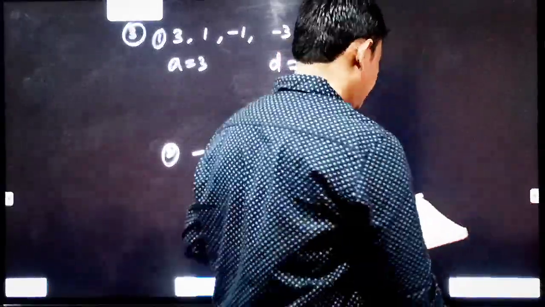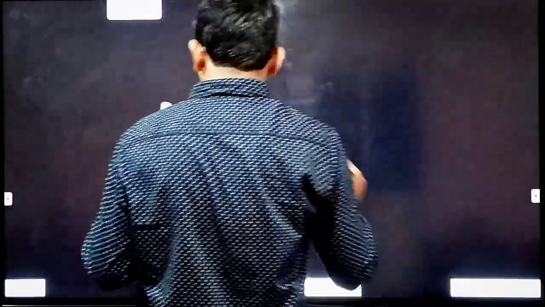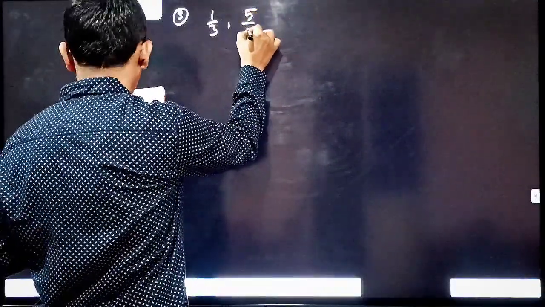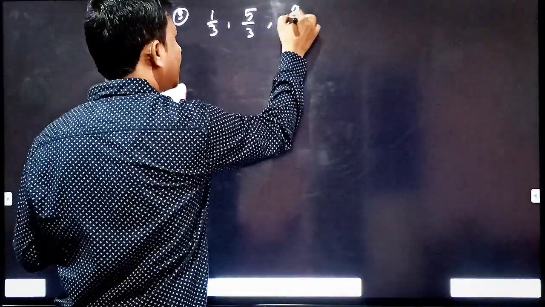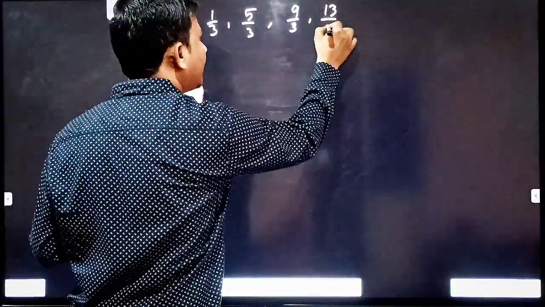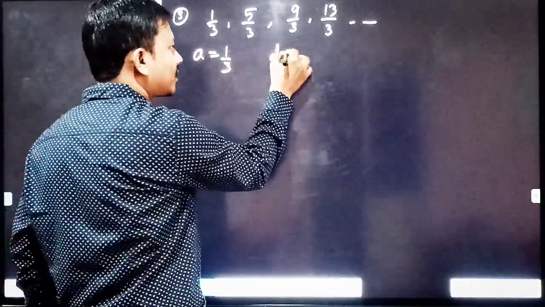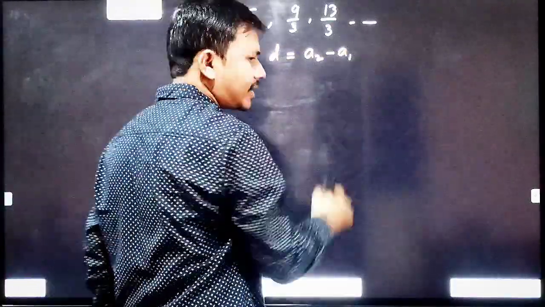And third question is 1 divided by 3, 5 by 3, 9 divided by 3, 13 divided by 3. What is the first term? a is equal to 1 by 3. What is common difference? a2 minus a1.